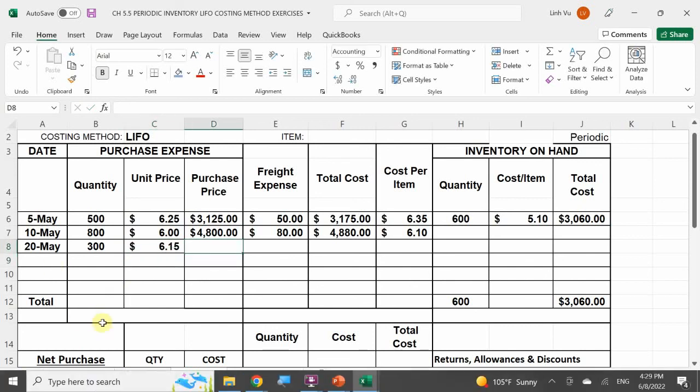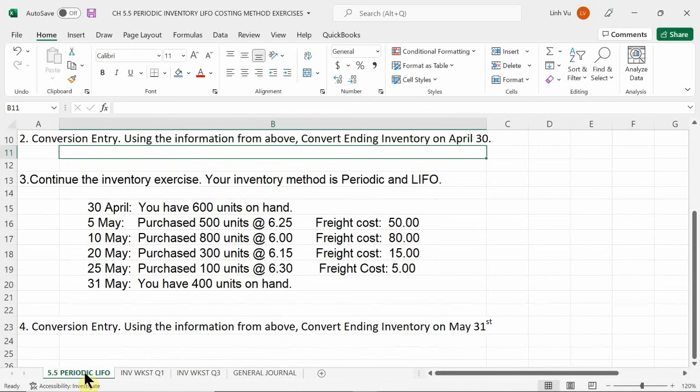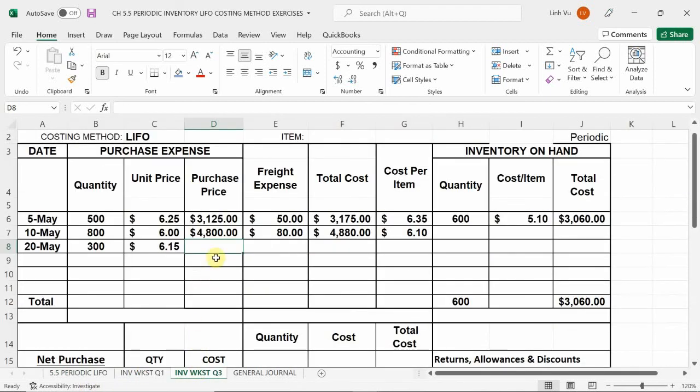Then, if you have already filled in your formulas, this amount gave you 1,845, 300 units at 6.15. Plus 15 should give you 1,860. And again, that should give you $6.20 each.